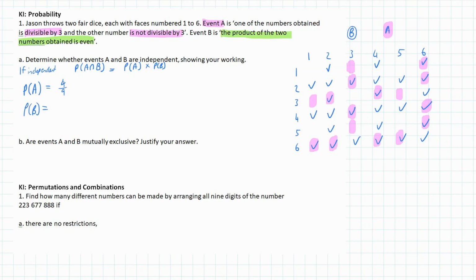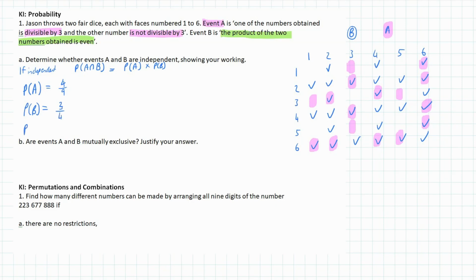So what have we got? 3, 6, 9, 12, 15, sorry, 15, what is that, 27? I think it's 27 out of 36. So I guess we can simplify that down to 3/4.